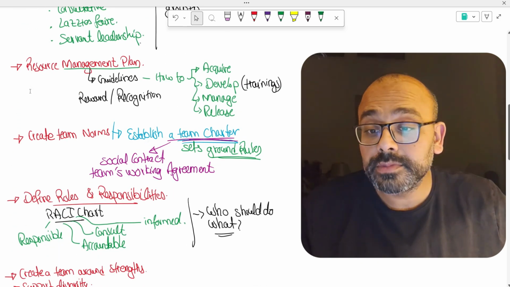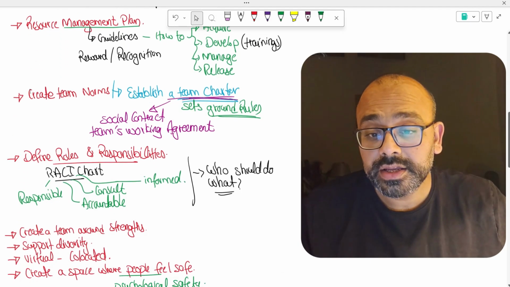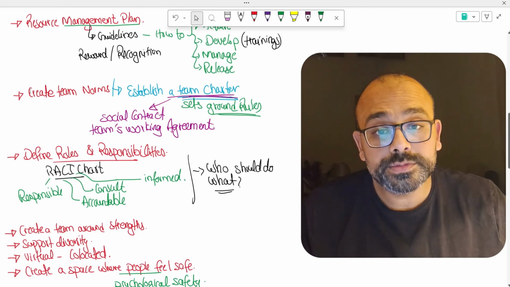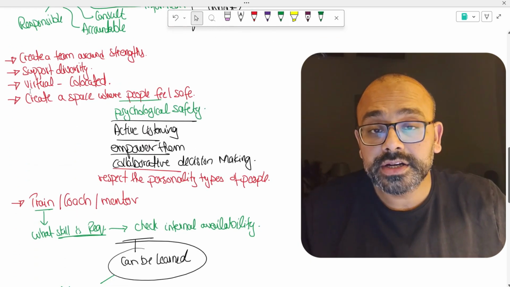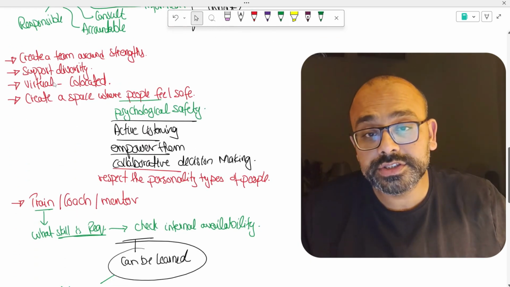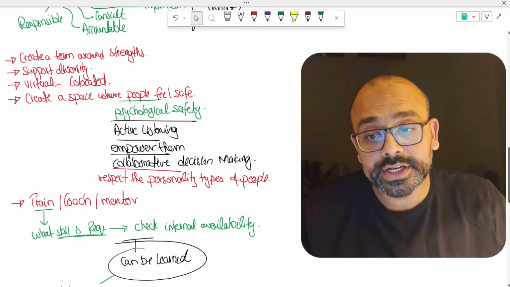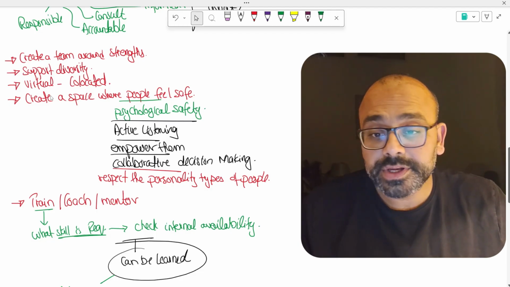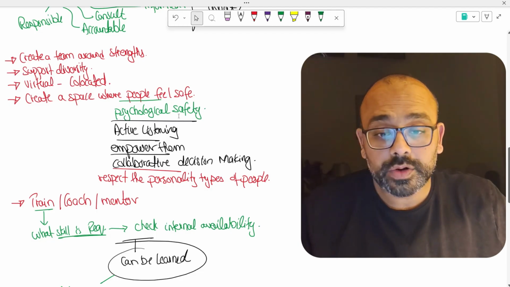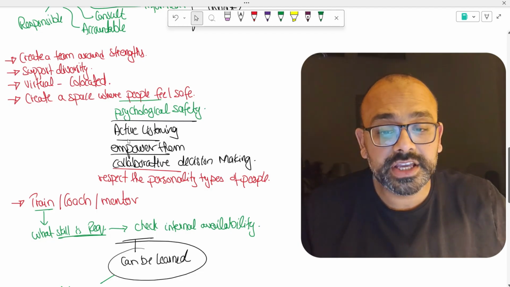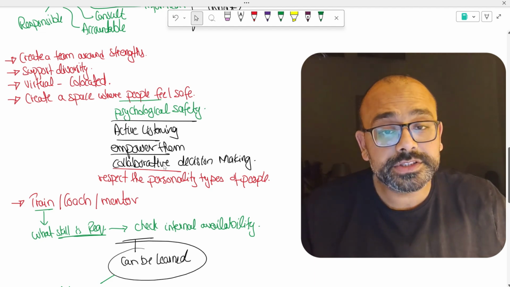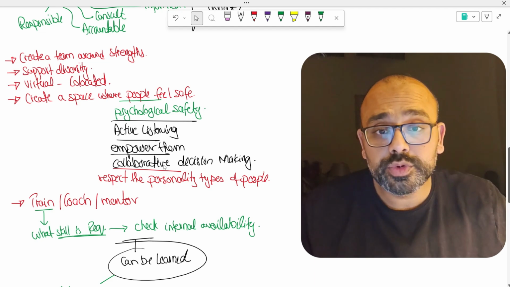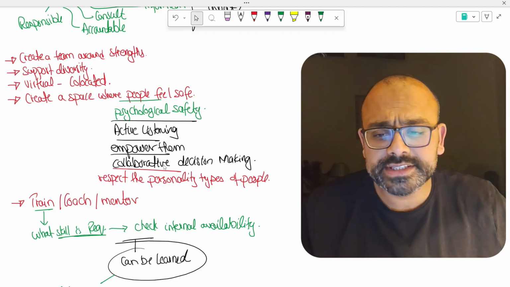Then some formal concepts come, such as resource management plan, development of team norms, team charter, defining roles and responsibilities, create a team around strengths, support diversity, virtual team, co-located team, create a space where people feel safe, psychological safety, active listening, empowering team, collaborative decision making, respect the personalities of the people, use emotional intelligence, use influencing skills.